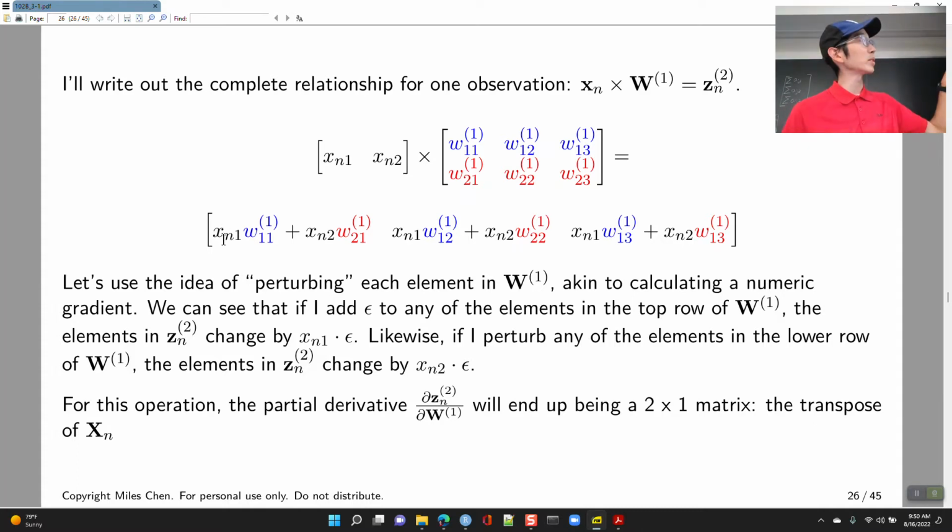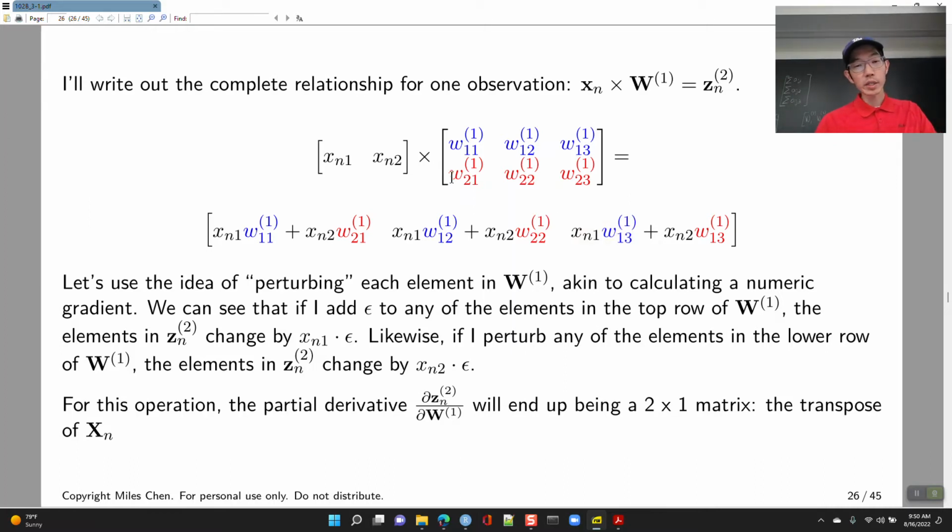So this would go up by x sub n1. What if I added a tiny epsilon to the second term? Well, this value here would change by xn1 times the epsilon. It would change by x sub n1 because this thing would change.